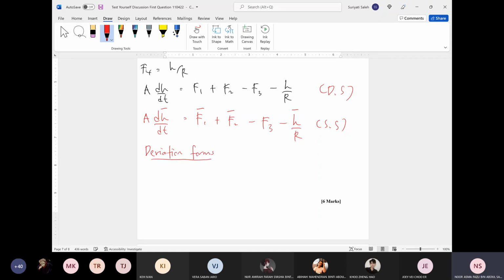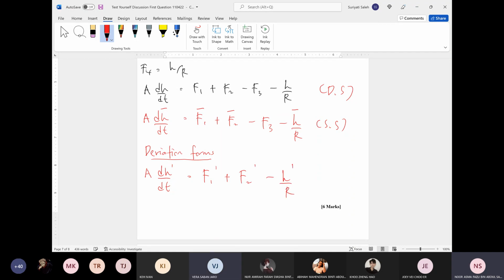So for the derivation form, it becomes A dH'/dt equal to F1' plus F2' minus H'/R.